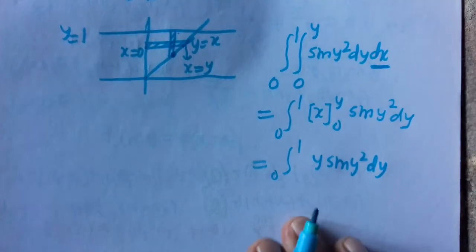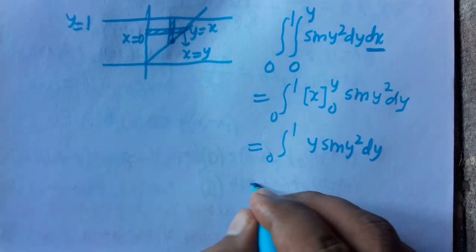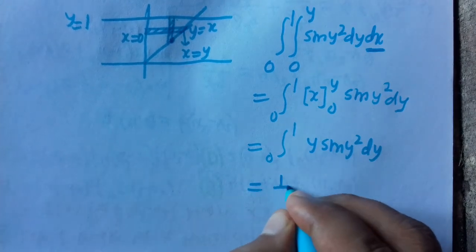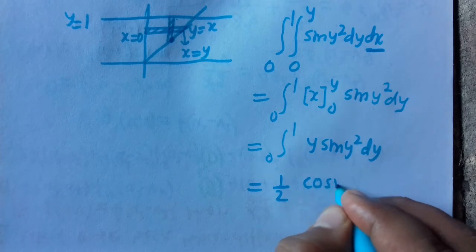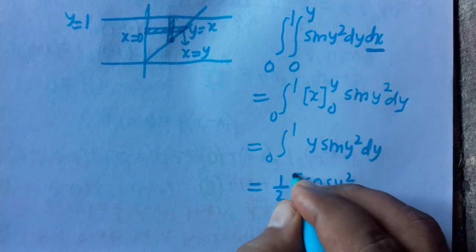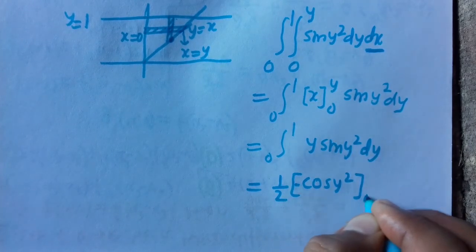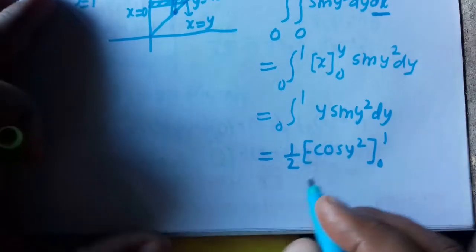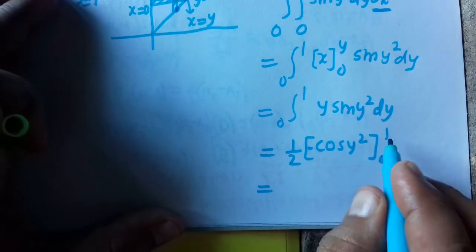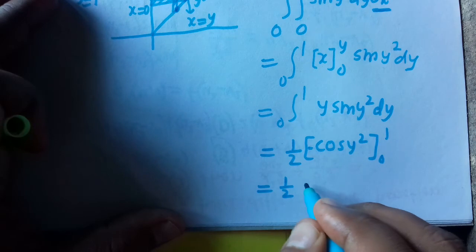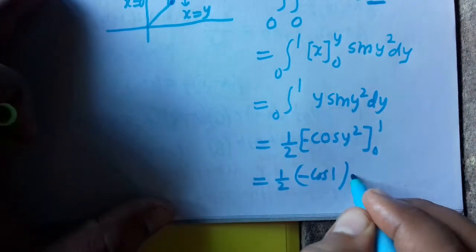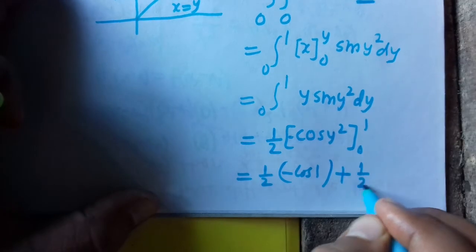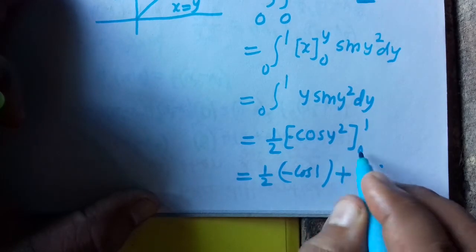Now it is very easy to evaluate. This will be 1 by 2, and the integration will be minus cos y square, with limit from 0 to 1. Putting the limit 1 first, 1 by 2 times minus cos 1, thereafter for 0, plus 1 by 2 cos 0, which is 1.